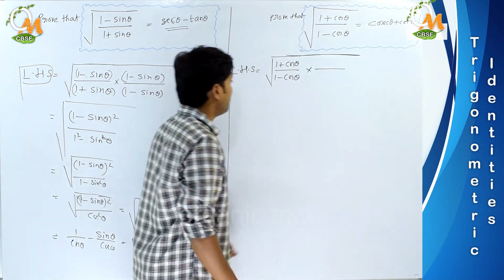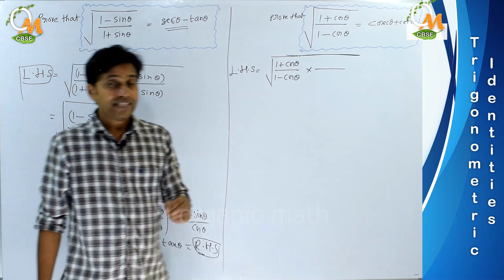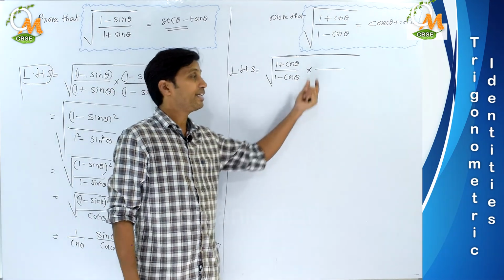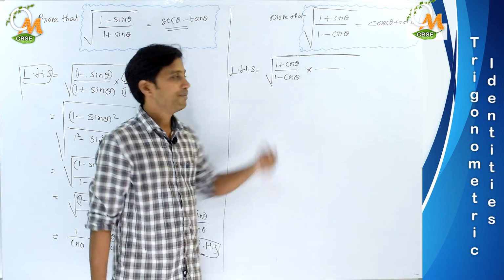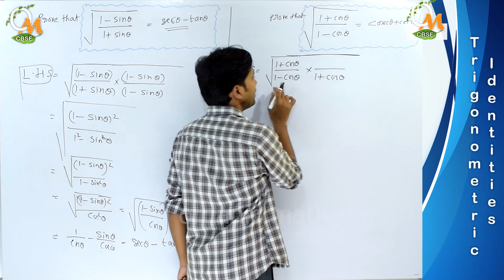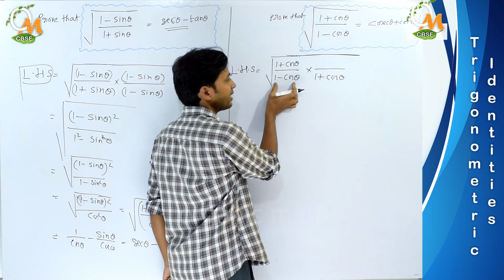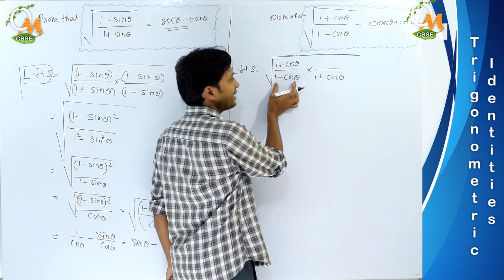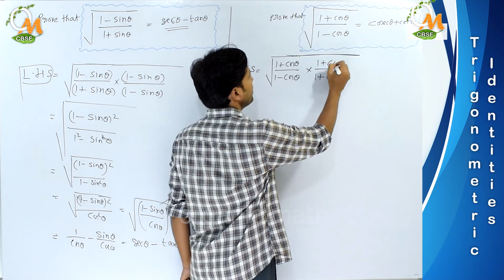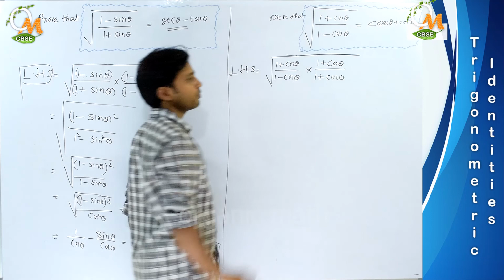Understood? So now tell me here, I think you might have identified with what term we need to multiply in numerator and denominator. Definitely it is 1 plus cos theta, because here 1 minus cos theta is there, so we need to consider exactly the opposite sign, and the same expression we need to multiply here also.